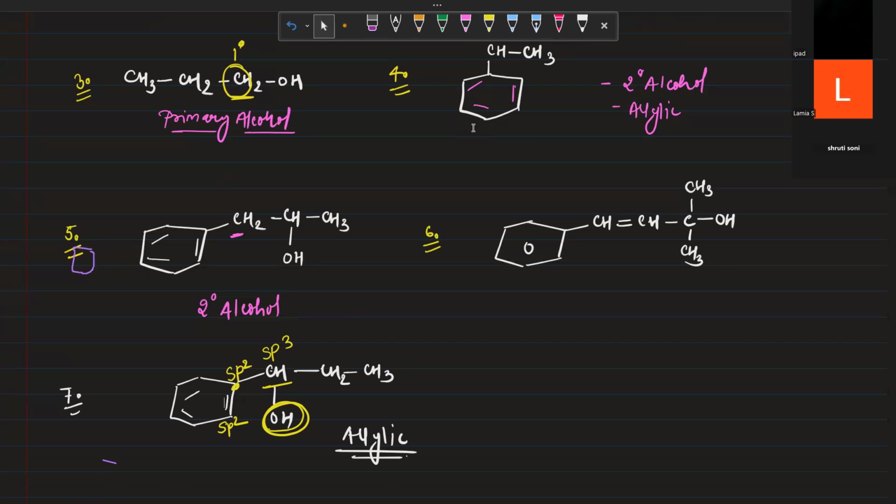So allylic would be OH attached to an sp3 carbon, and that carbon is attached to an sp2 carbon in the ring.